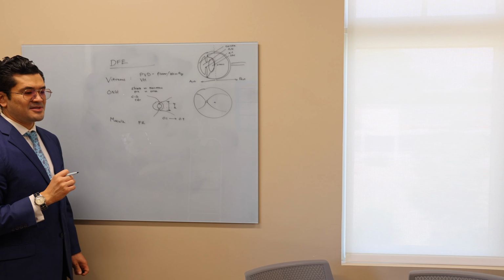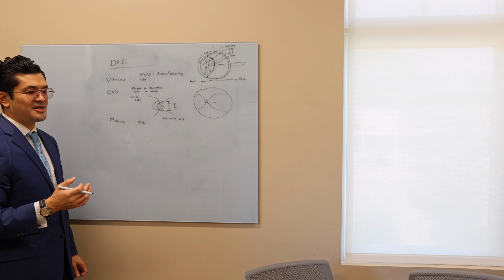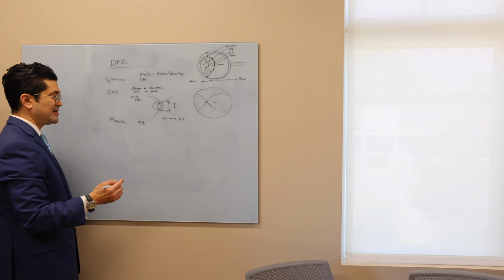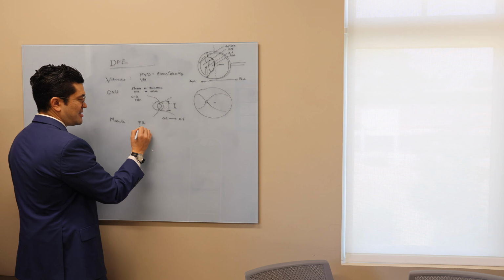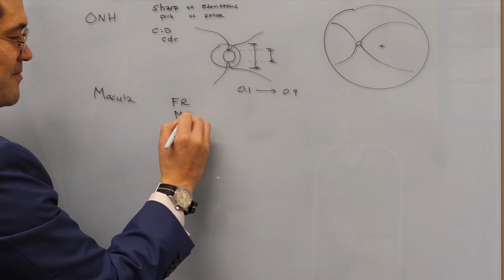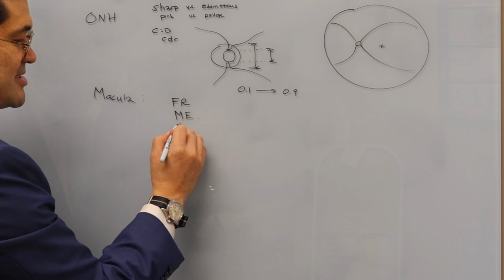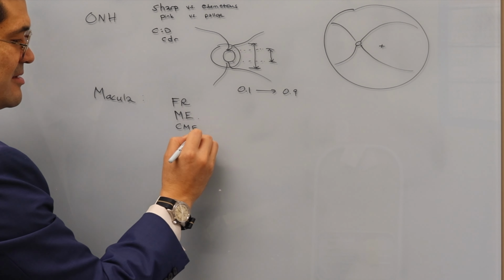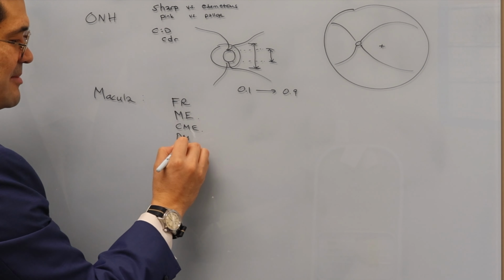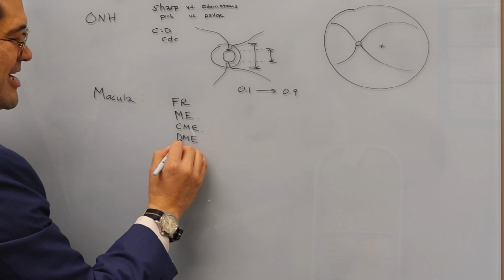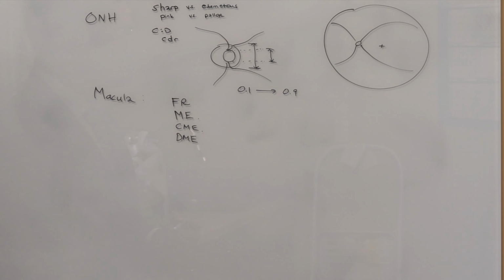Is there a crisp reflex, or is it lost? Is it blunted? Is it swollen? So that'll be like in macular edema, ME. That'll be like cystoid macular edema or diabetic macular edema. If you see ME in the macula, that's not a good thing. They probably do have some loss of vision.